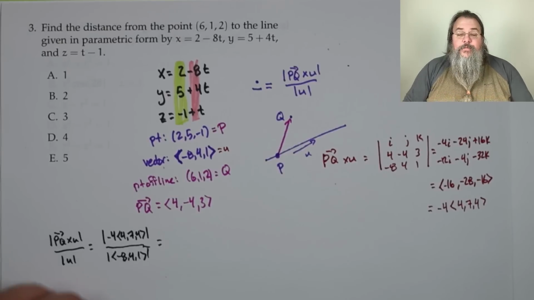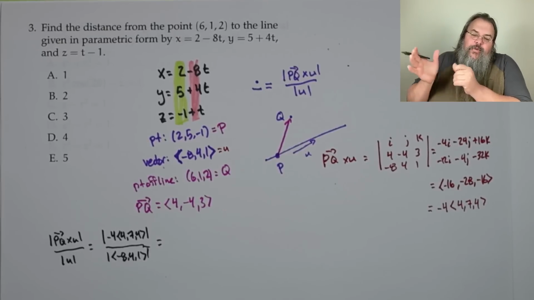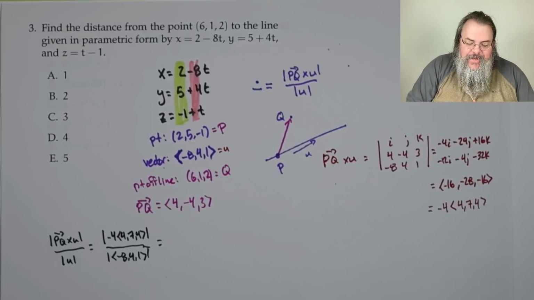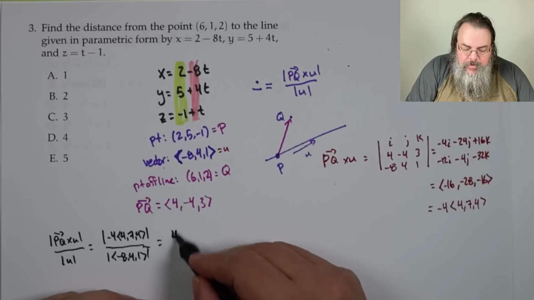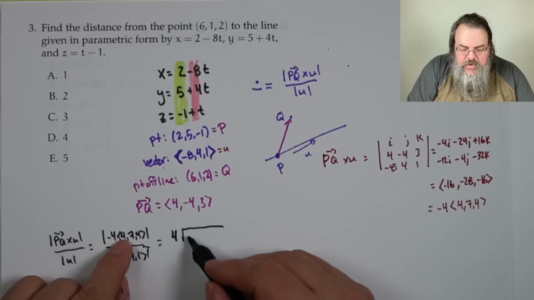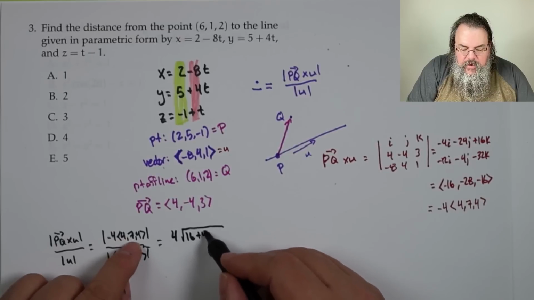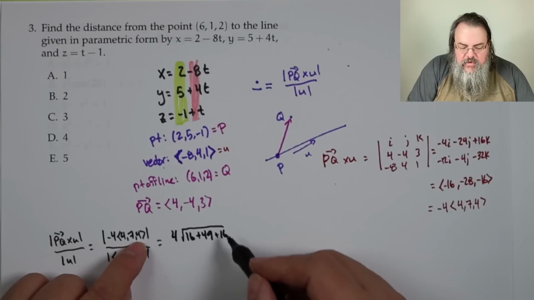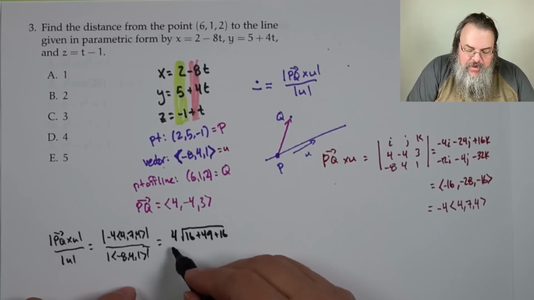Now, the nice thing is, because we have that scaling factor, we can just pull it out of the magnitude, and it comes out as a 4. Take the absolute value of negative 4. Then we take the magnitude of this, which is 16 plus 49 plus 16, right?